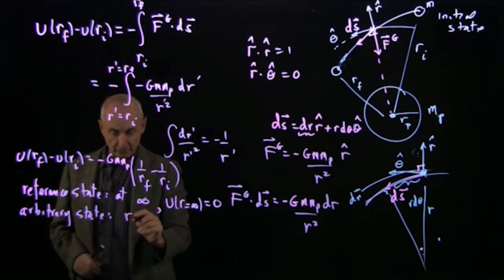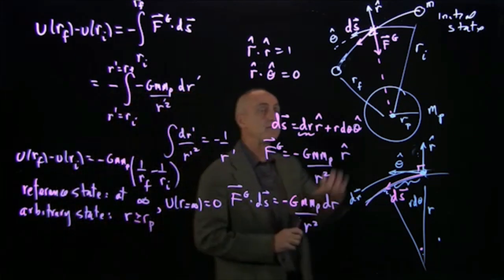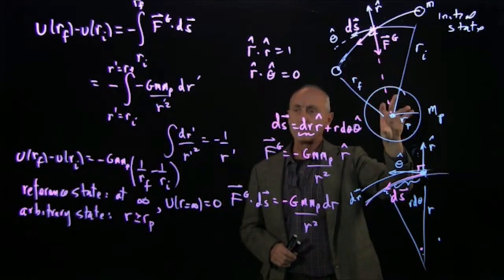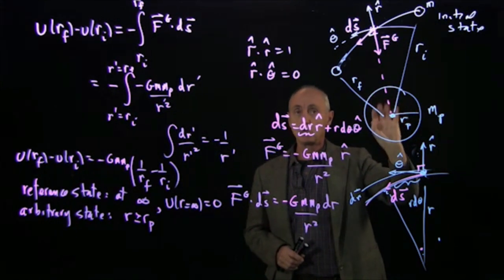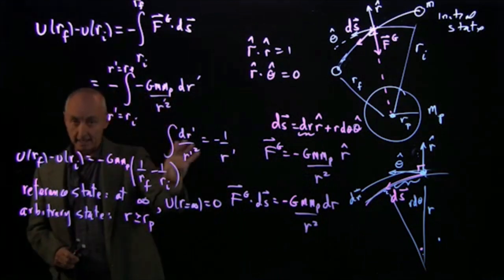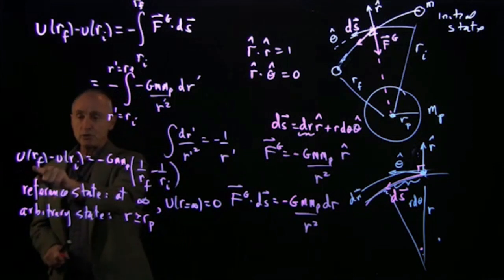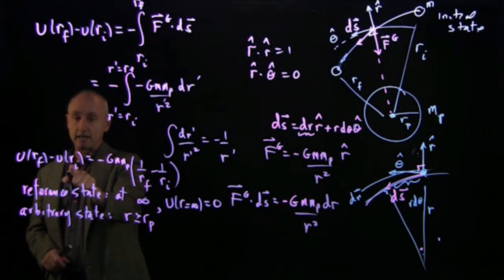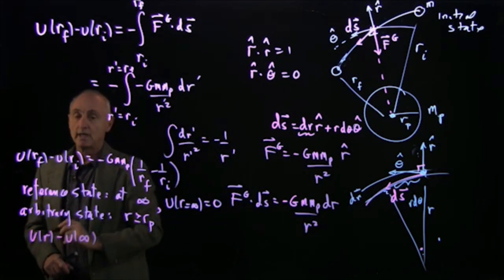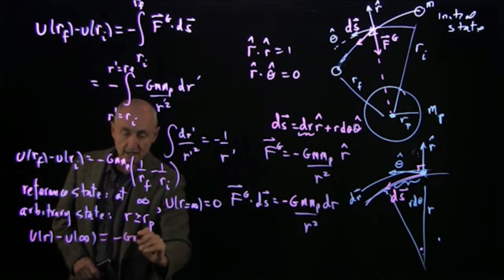Now, we have to be a little bit careful, because in this calculation, our final state must always be outside the planet. The reason for that is subtle, but the gravitational force inside the planet is no longer minus G m1 m2 over r squared. So our analysis only applies for r bigger than the radius of our planet. And if we put these values for r and infinity in here, we get U of r minus the potential at our reference point, which will be 0, equals minus G m M_p.